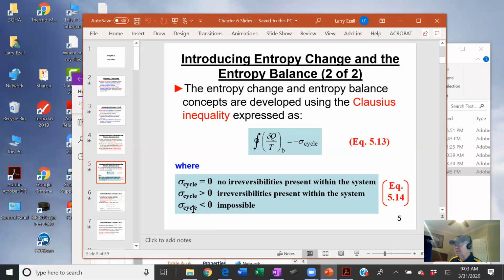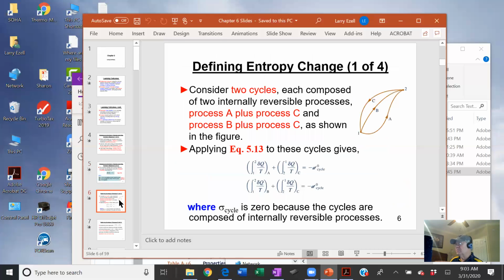If we apply the Clausius inequality and come up with sigma of the cycle less than 0, then you've violated the second law of thermodynamics, and that's never been done before. So we term that impossible.